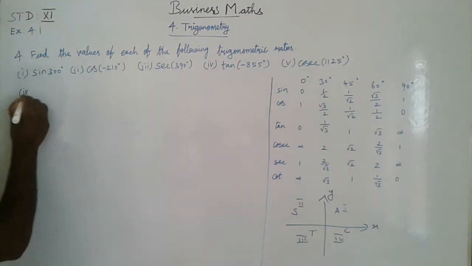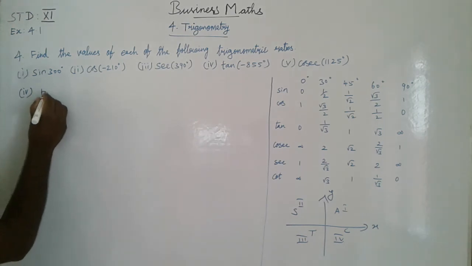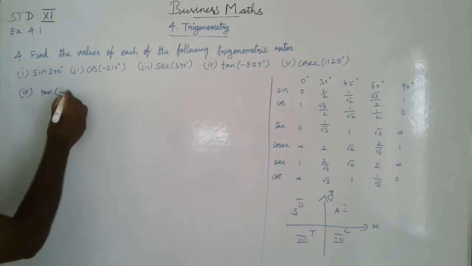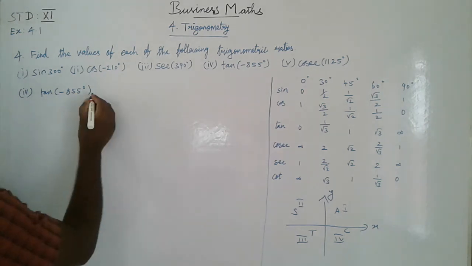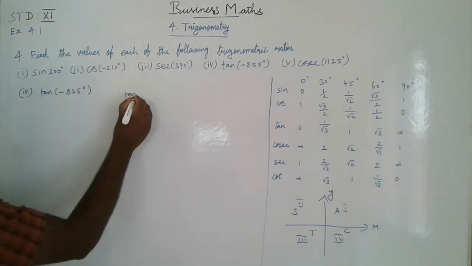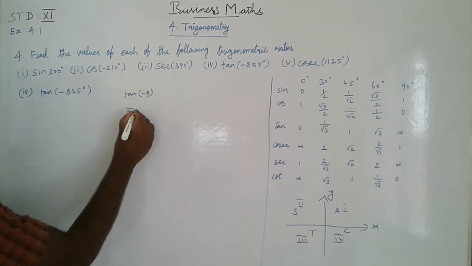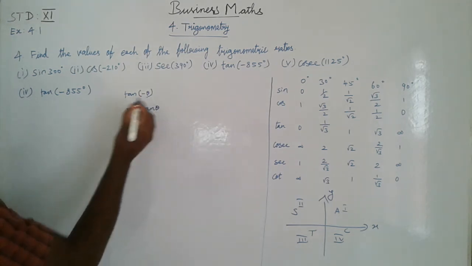Fourth sum: tan of minus 855 degrees. So tan of minus theta equals minus tan theta, that is the formula.